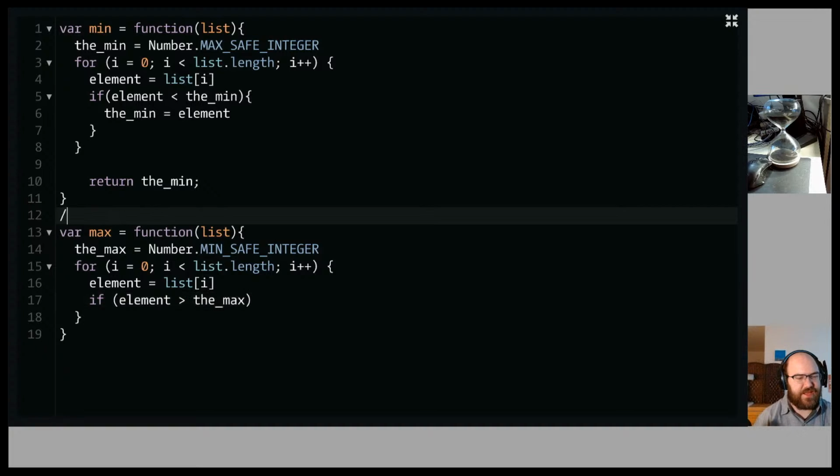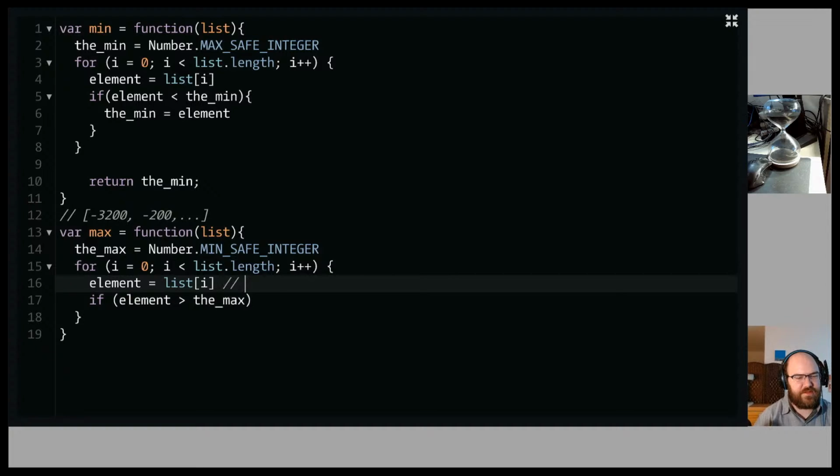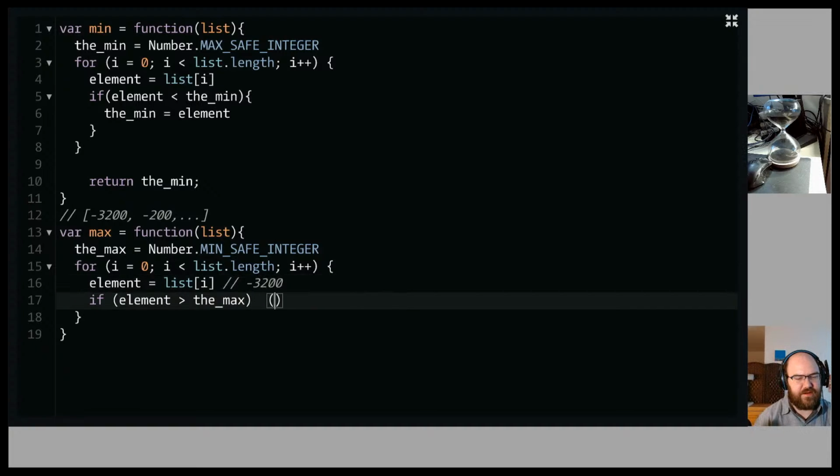So let's imagine that we had like minus 3200 and then minus 200 and then so on. This is gonna pull out minus 3200, and this is gonna compare minus 3200 to Number.MIN_SAFE_INTEGER. And what is minimum safe integer?